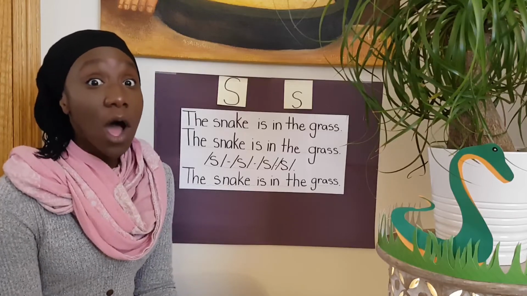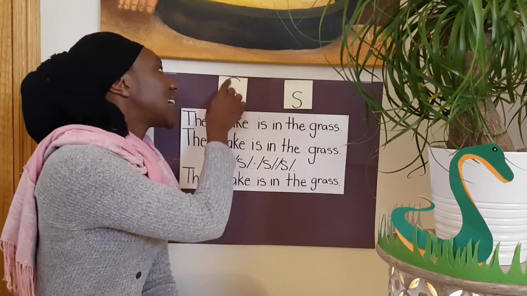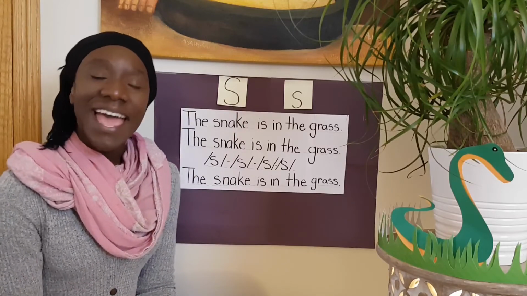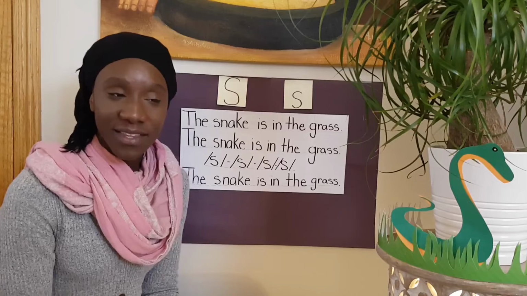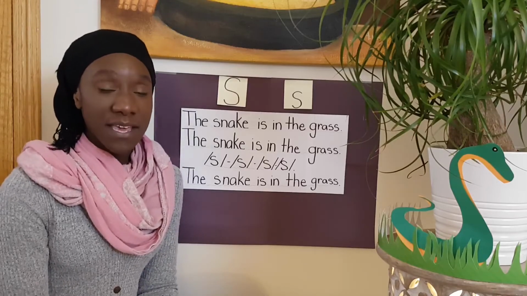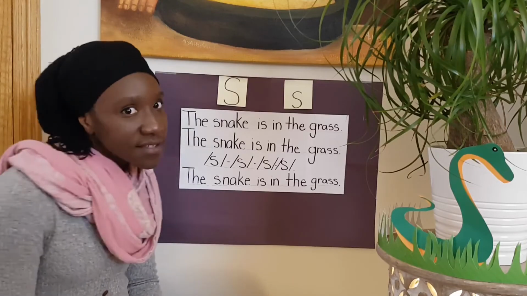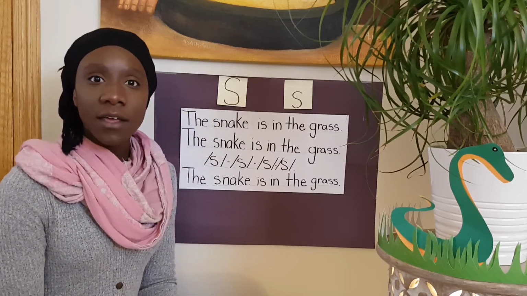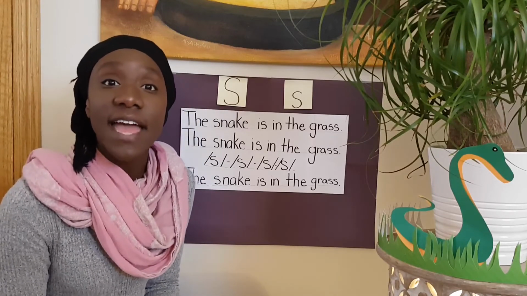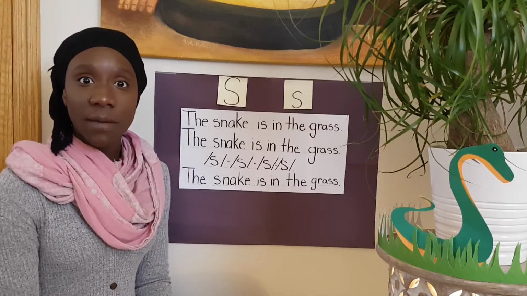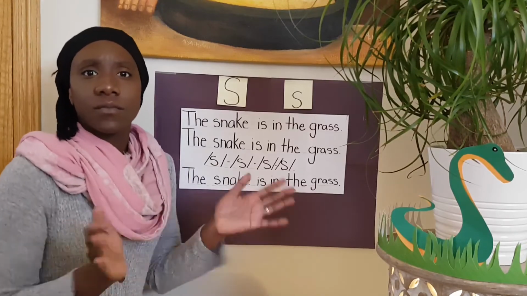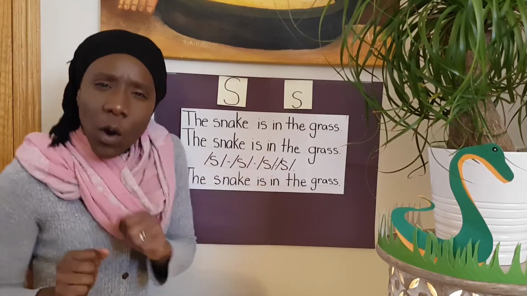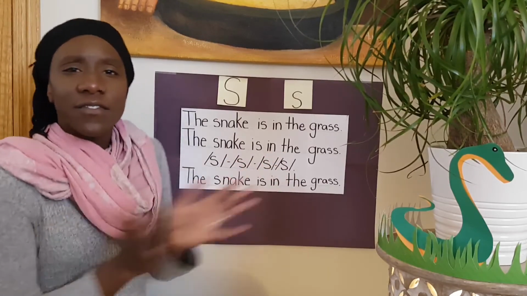This animal's body sometimes forms the letter S. Clue number 3. When this animal is speaking, it says, who am I? You have 6 seconds to figure it out. Time starts now. 1, 2, 3, 4, 5, 6.